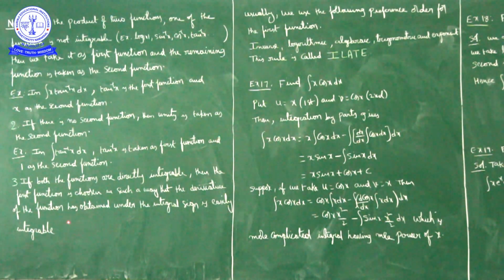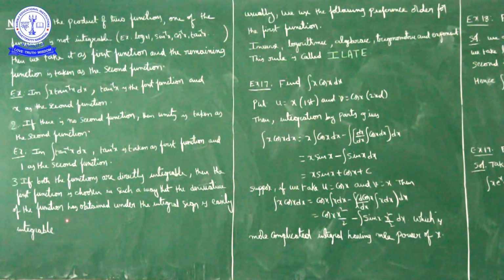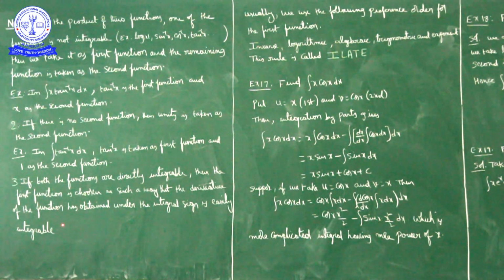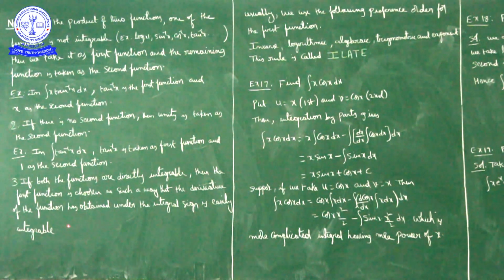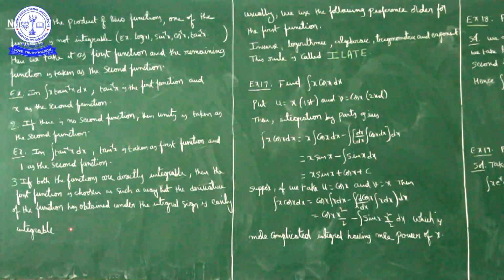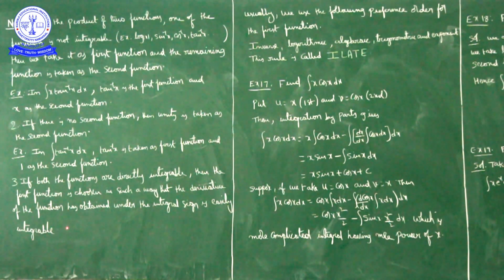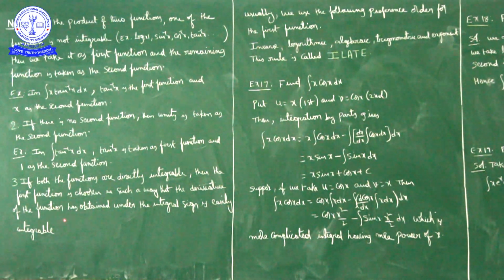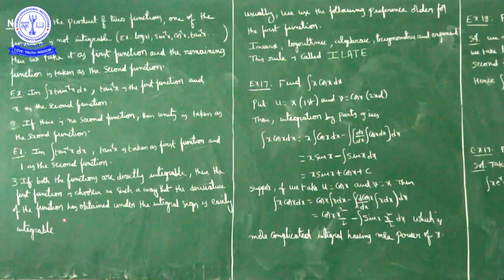Means when both the functions are integrable, you have to choose the first function in such a way that after differentiating, whatever function we obtain has to be an easily integrable function.